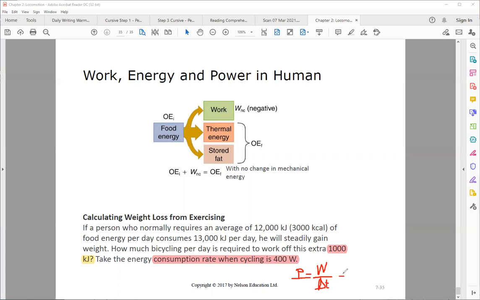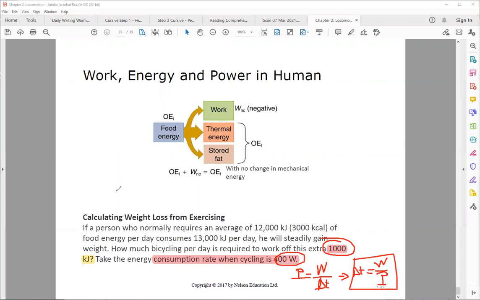Now that means if I want to burn this much energy, the 1,000 kilojoules, all I need to do then, considering I know the power, is to use this same formula to calculate delta T, and now delta T will be equal to the amount of energy, W, divided by the consumption rate, which corresponds to the power.